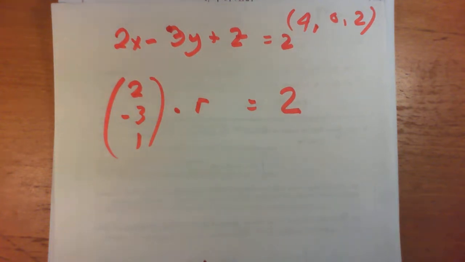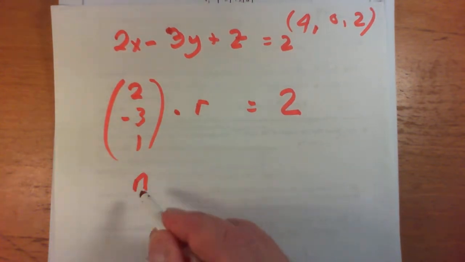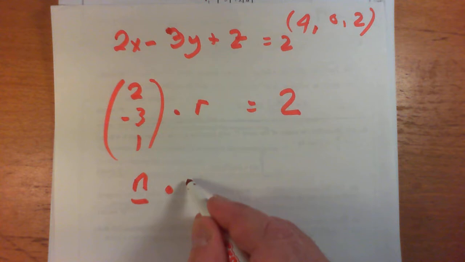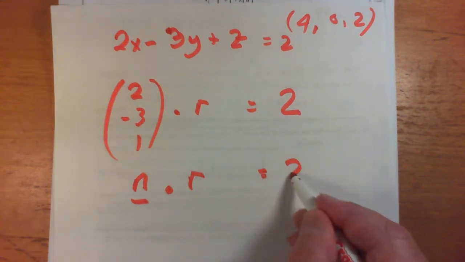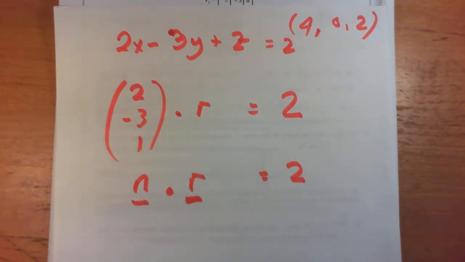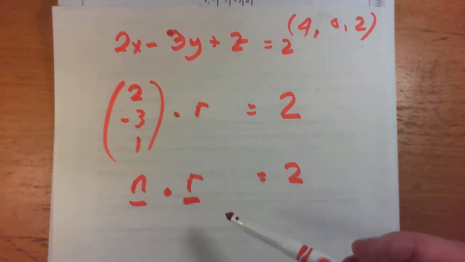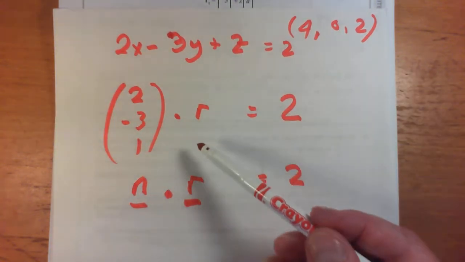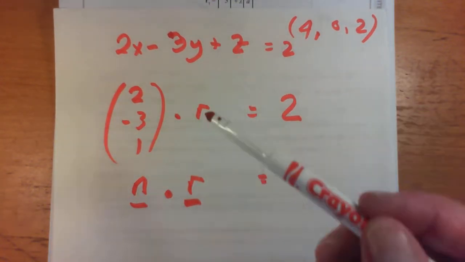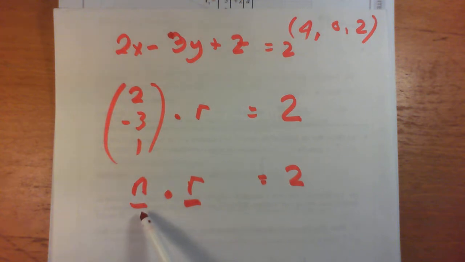And that's very much in common with an alternative form for the plane, which hopefully you will have seen: the dot product of n and r equals 2. So this is an equivalent form, and n is the perpendicular vector to the plane.